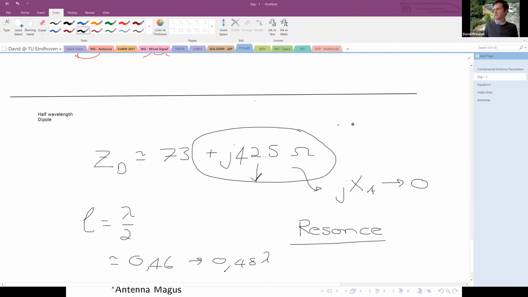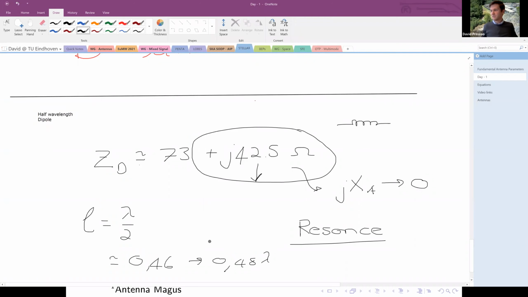Because remember that an inductor is actually just a piece of transmission line. Or, let's rather reverse that, a transmission line can just be represented as an inductance as well. So by removing a section of transmission line, we actually reduce this inductance.